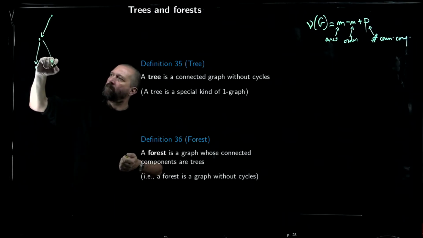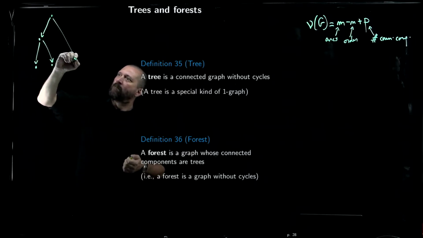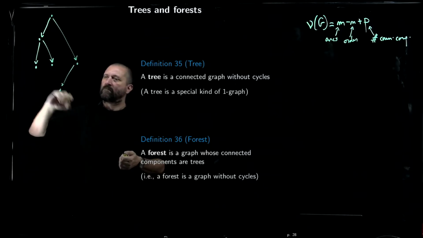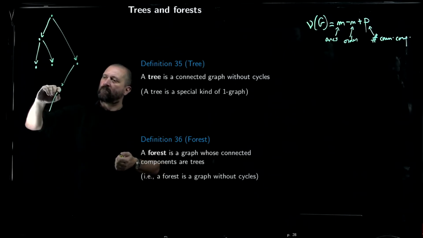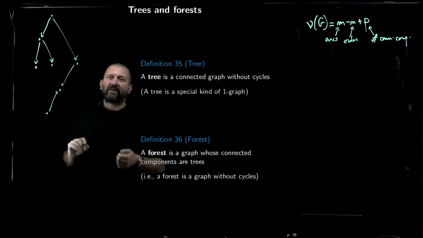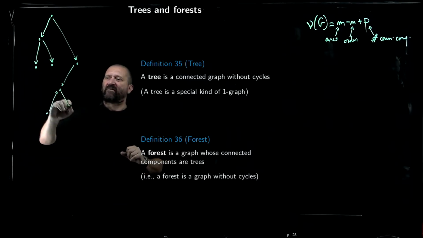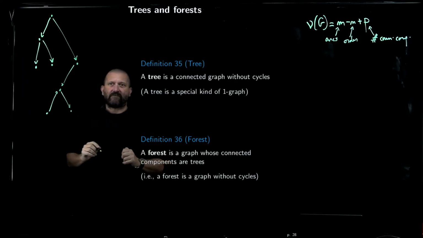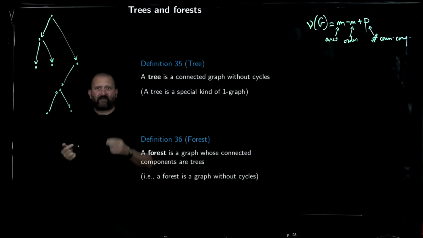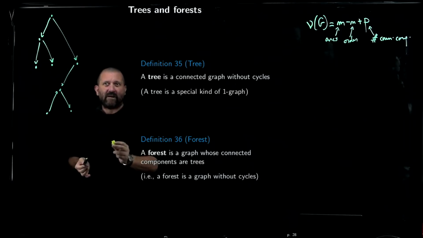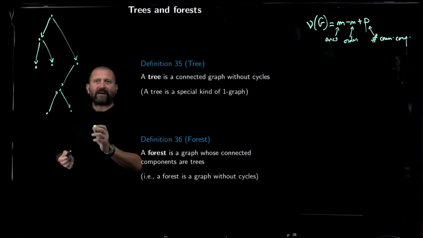Things can go in both directions, okay? But they cannot be cycles. So that is a tree, for instance. It's a connected graph, because remember that connectedness does not consider direction.